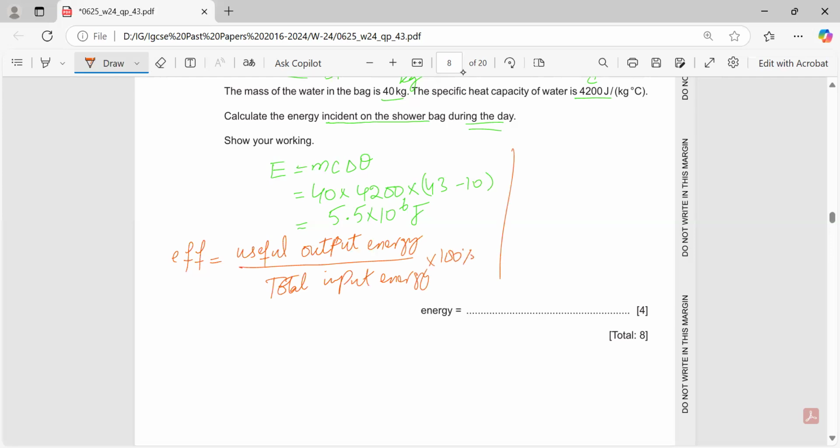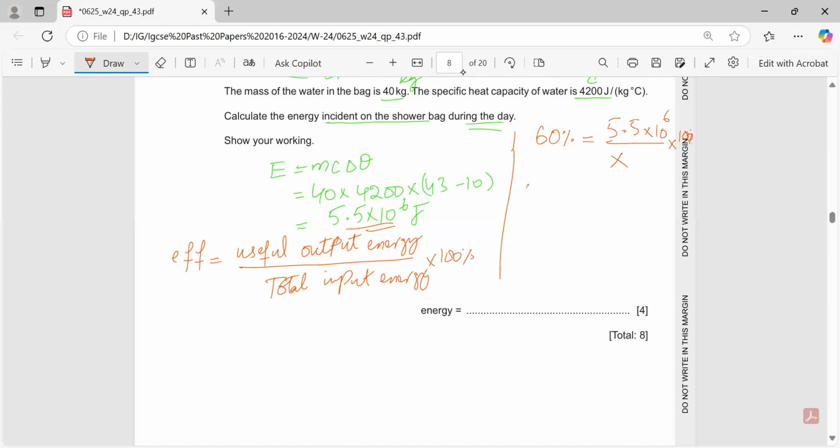Efficiency was given to us as 60%. This energy which we have calculated is useful because it is absorbed by that bag painted black. So I can write 5.5 times 10 raised to power 6 over x, times 100%.